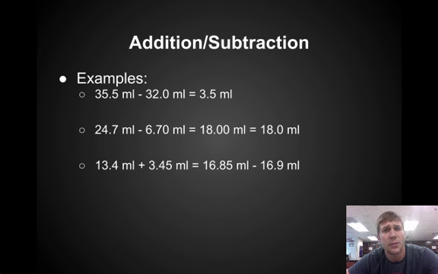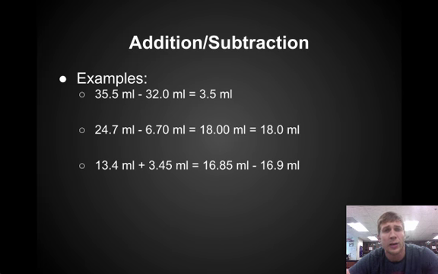And we said to determine the volume of that irregular shaped object, we had to subtract those two values from each other. So already I know that I'm doing subtraction. I'm going to look at both of those values and I can see which one has the least number of places after the decimal. This is pretty easy in this example because they both only have one place after the decimal. So my answer should only have one place after the decimal.